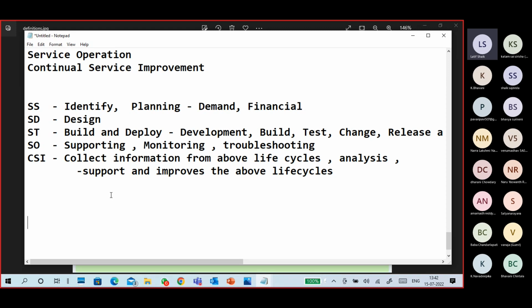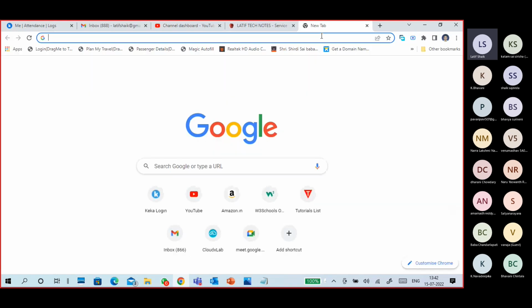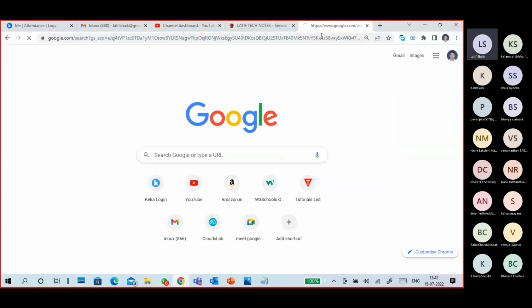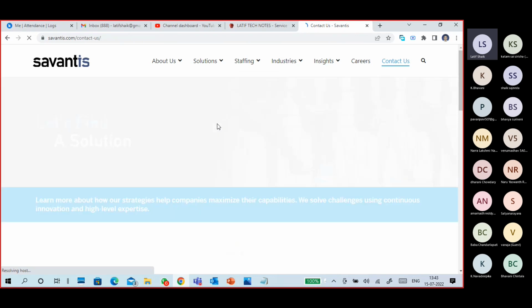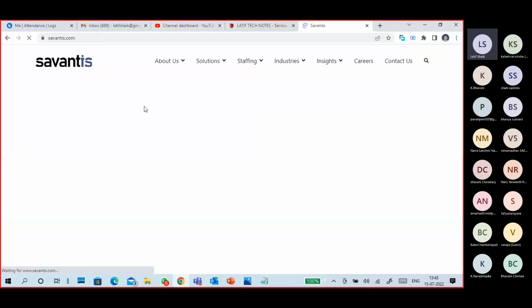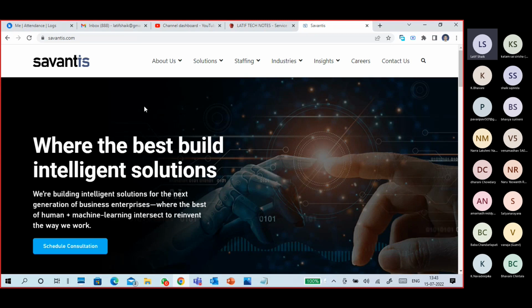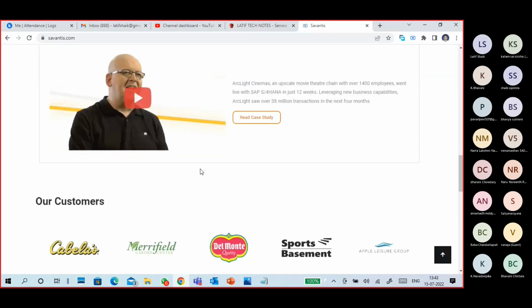Just simply understand. Go to any company website. For example, Savantis company. Go to HCL, Cognizant, Microsoft, Wipro, Infosys, and go through the list of services they are providing.